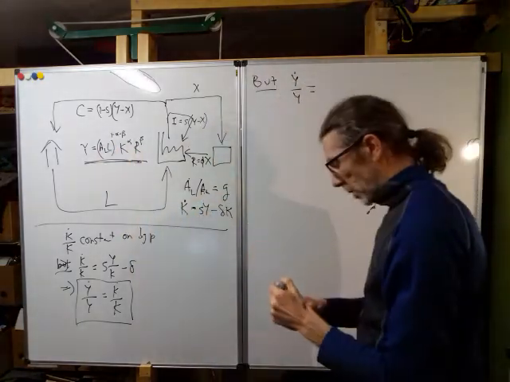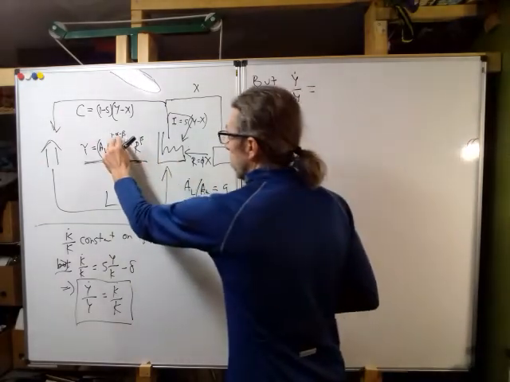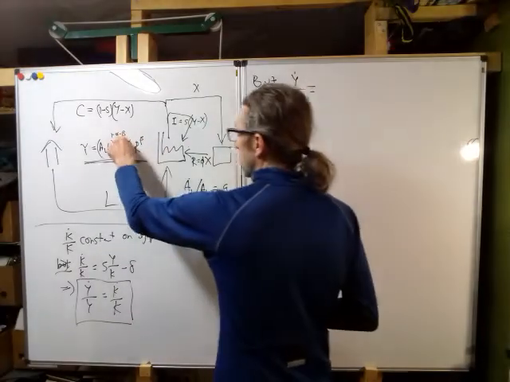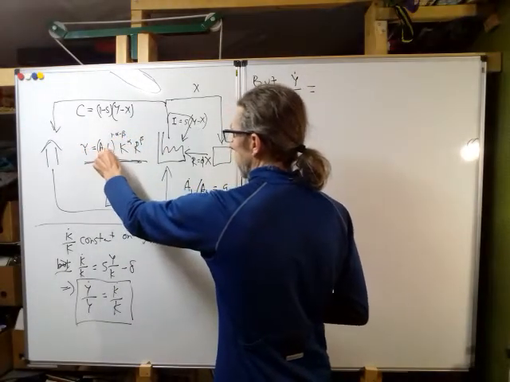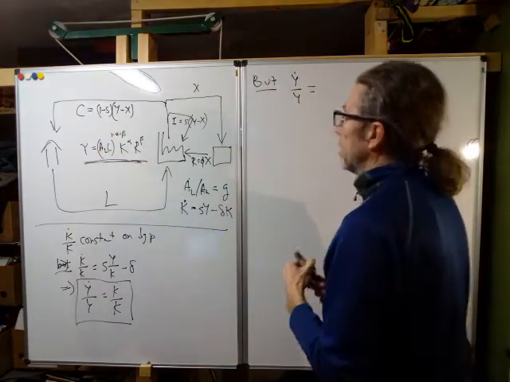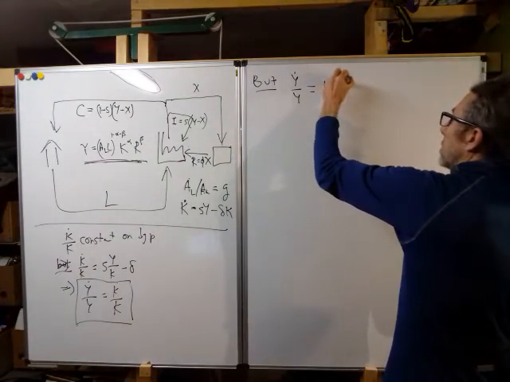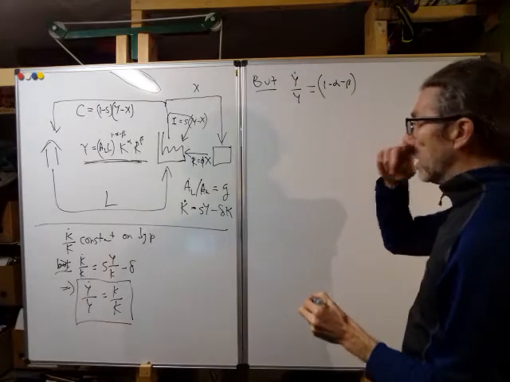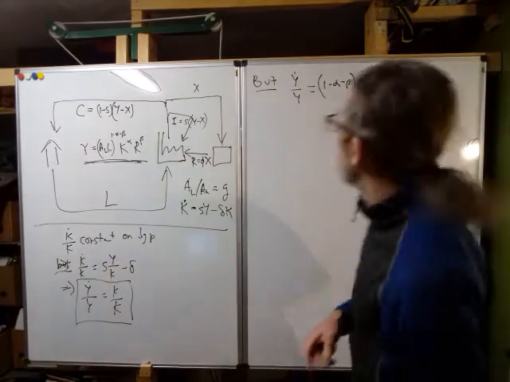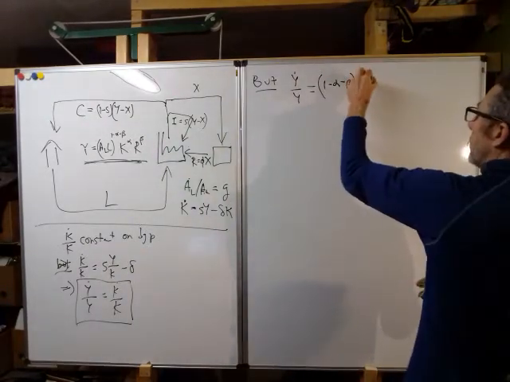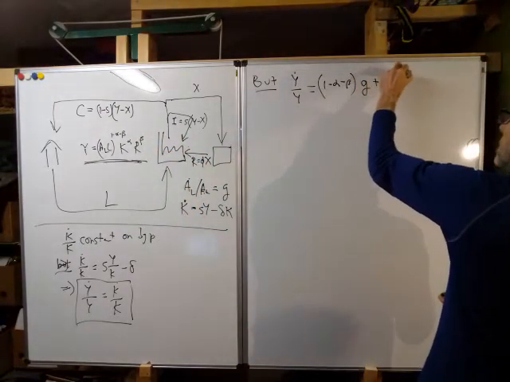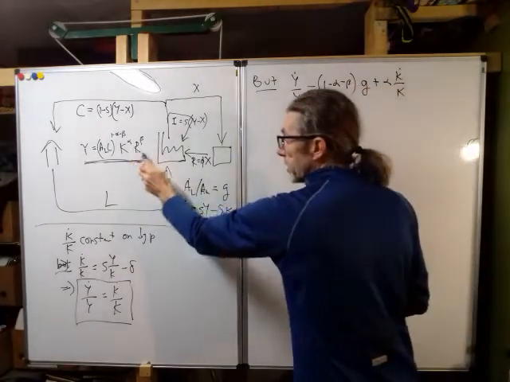And it turns out, once you've got the hang of this, it's fine to just write down the answer, okay? So these exponents turn into pre-multipliers of the variables, and then the variables are put into dot growth form. So y dot over y is 1 minus alpha minus beta times, L is constant, so it's 1 minus alpha minus beta times AL dot over AL, which is g, plus alpha K dot over K, but now R is no longer constant, is it?